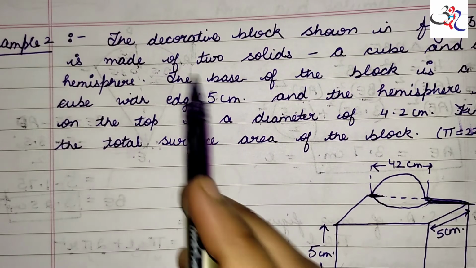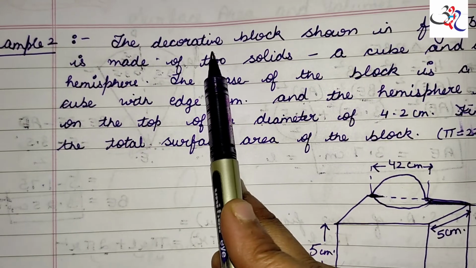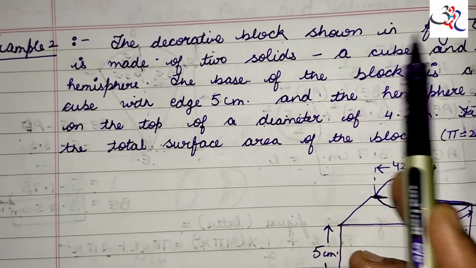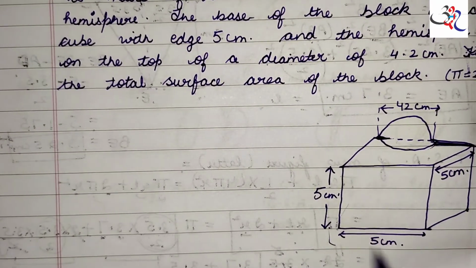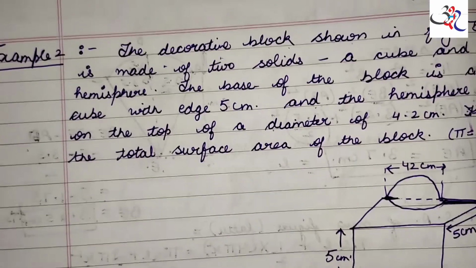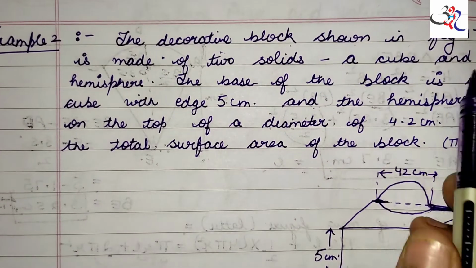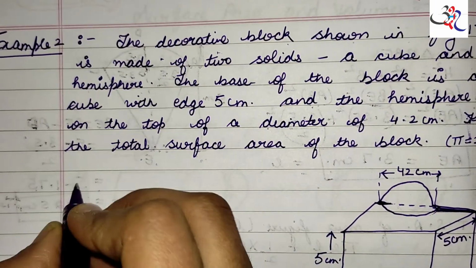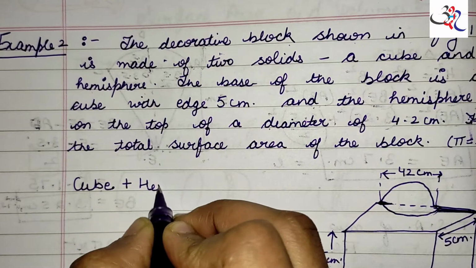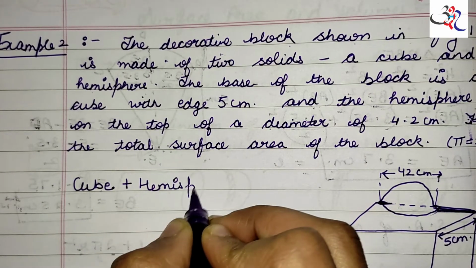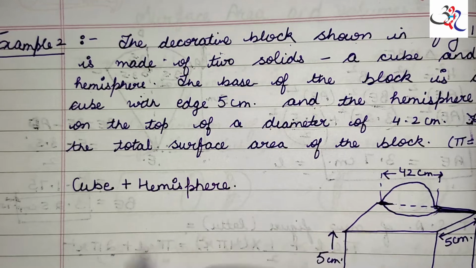So in example number 2, what is given to you is the decorative block shown in the figure 13.7. This block shown in the figure is made up of two solids, a cube and a hemisphere. So this time our combination is of cube plus hemisphere.